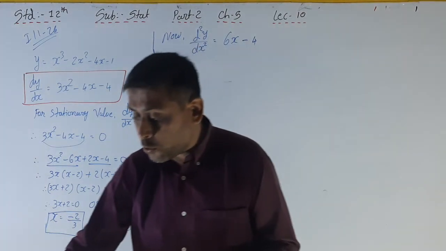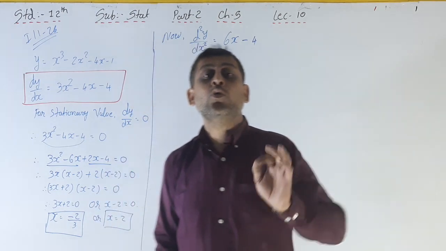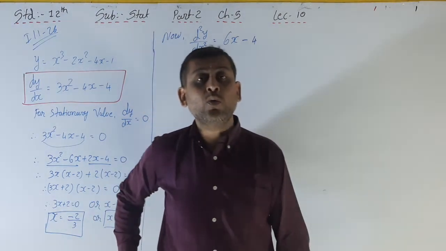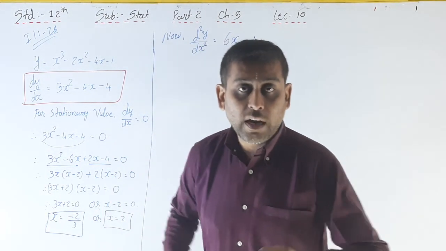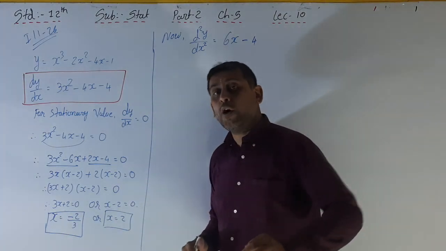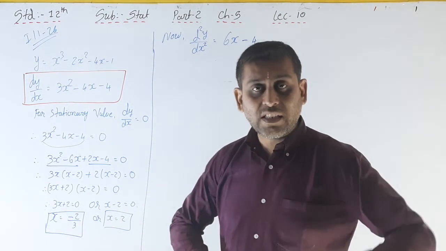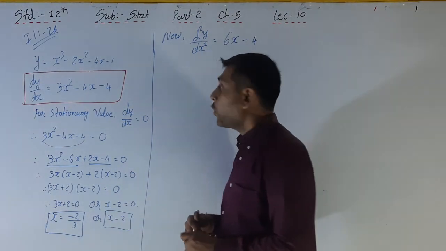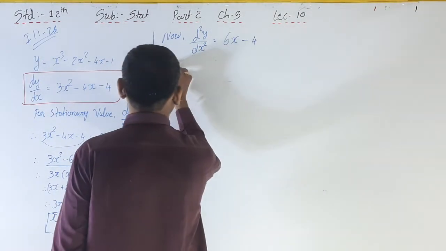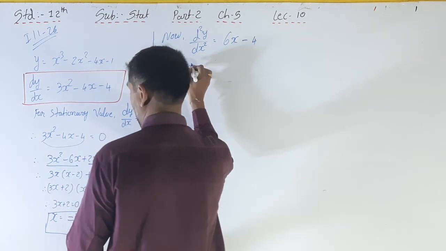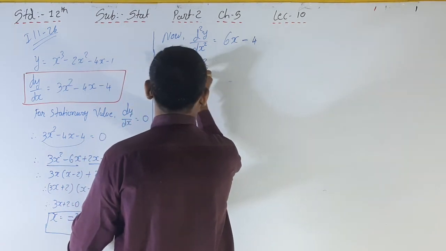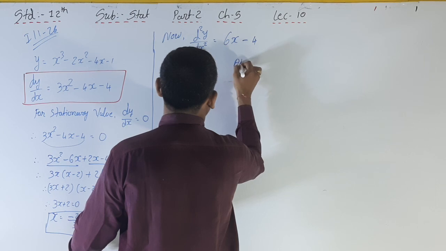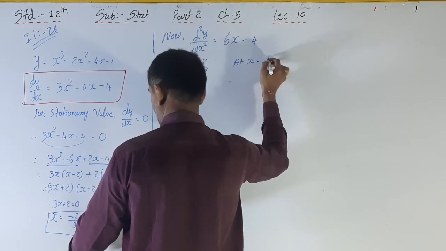Now we have to put the stationary values into the second derivative so that we can find out at which point the function is maximum, at which point the function is minimum. Okay, so here at x is equal to minus 2 by 3 and at x is equal to 2.